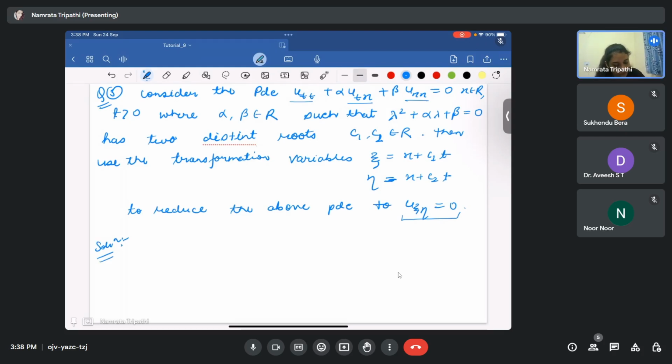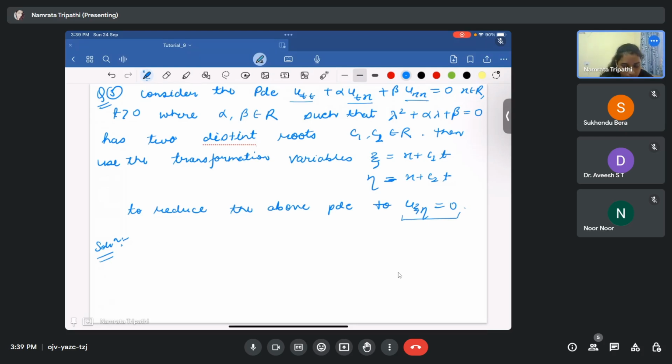First of all, tell me the value of alpha and beta. How to find alpha, beta? There is a given equation which has distinct roots C1, C2.